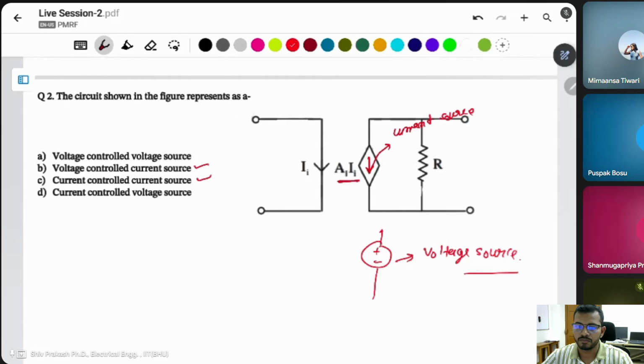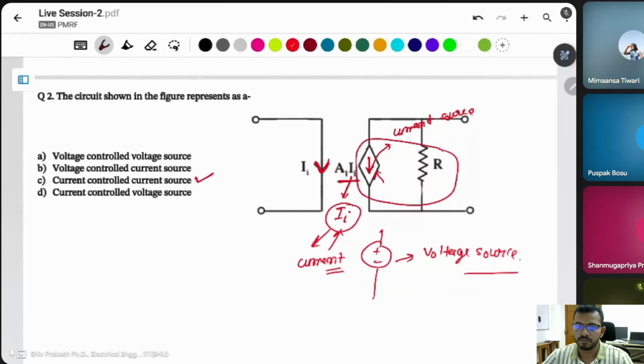Here A1 is some constant quantity, I is the variable, and I is the symbol of current. It means this is the current controlled current source, because the controlling variable is a current.